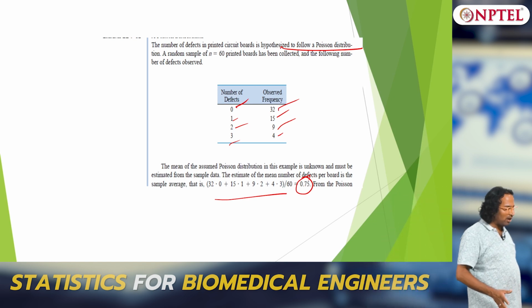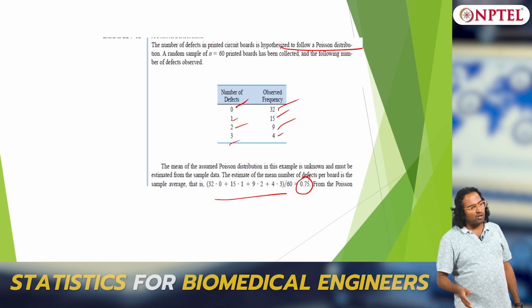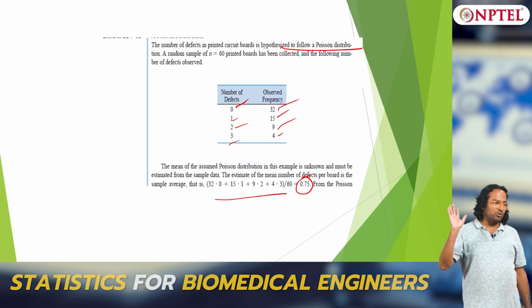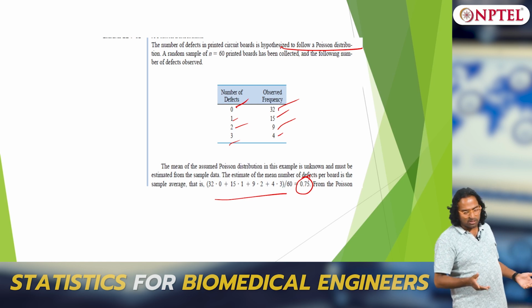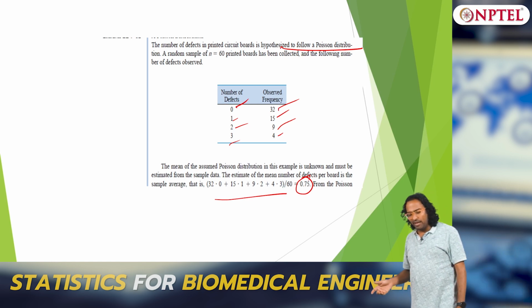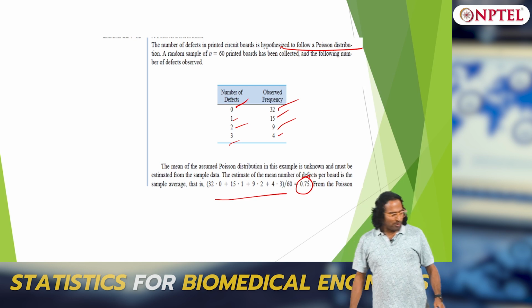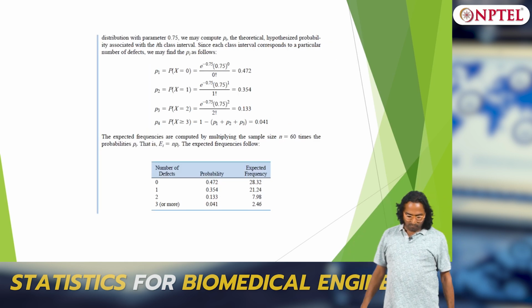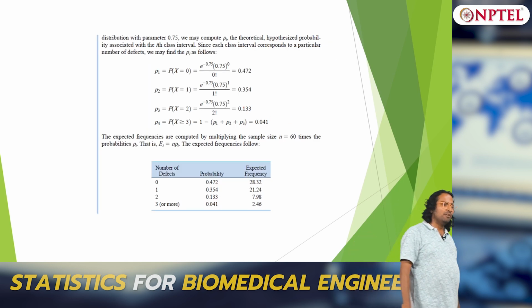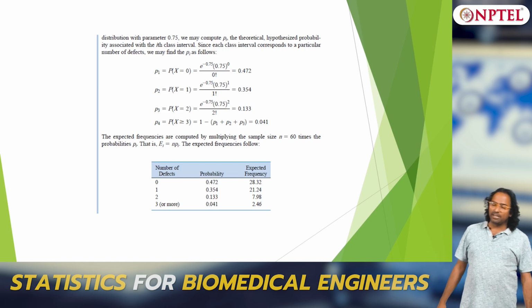I have a table of faults, and I want to know whether this data follows a Poisson distribution or not. I do not know the value of the Poisson distribution's parameter, so I assume it from the data itself, lambda equals 0.75.